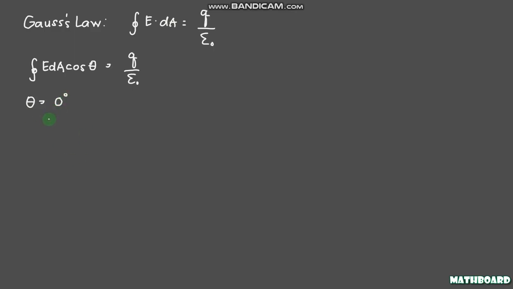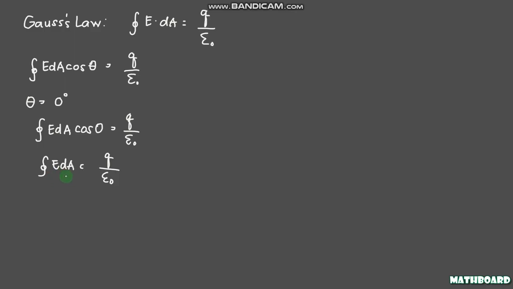So we replace theta by 0, and we now have E dA cosine of 0 equal to Q over epsilon sub 0. Now, cosine 0 is equal to 1. This will give us E dA is equal to Q over epsilon sub 0.